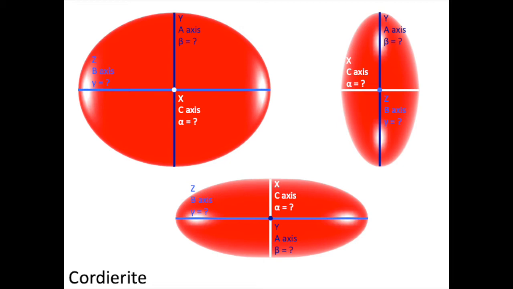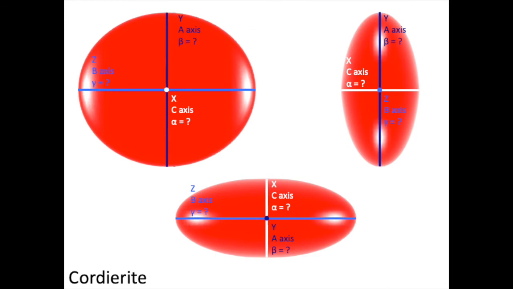Which brings us into our next caveat. I don't want you to take this shape that I've shown you as the indicatrix for Cordierite. It's an exaggeration and a representation of the differences in the refractive indices. And further, since we don't actually know what the refractive indices are, perhaps even this would have been a better representation of the indices of Cordierite.